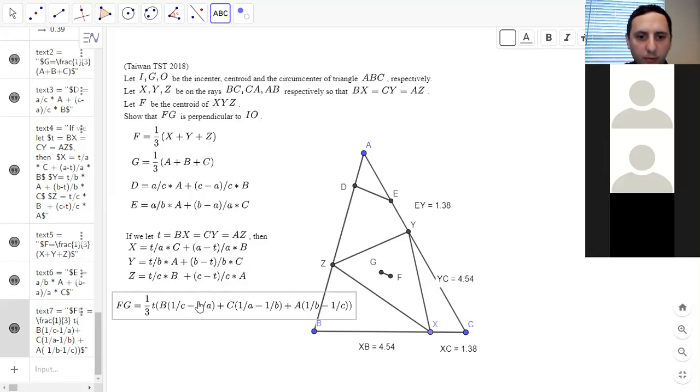Or we could... I think we could use vector. We don't need to use this thing. Just use the vector. Vector FG is a third of FA plus FB plus FC. Yeah, and from that you can calculate.